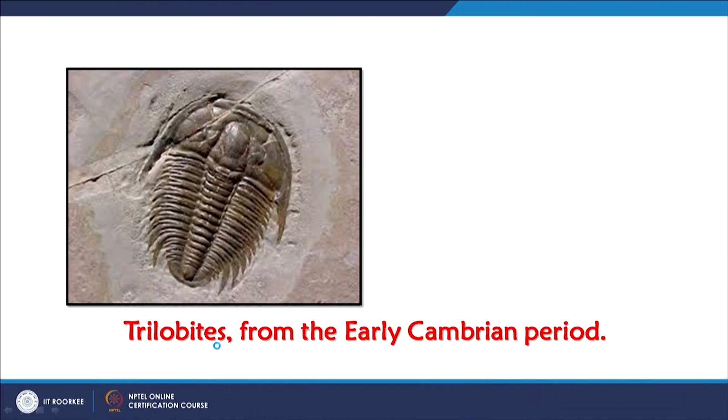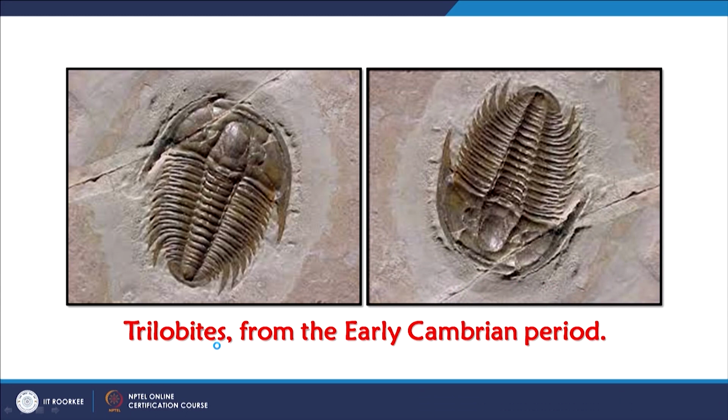You are seeing that an animal, a trilobite, is shown here, but when I rotate this image, I see a completely different picture, and this gives an impression that this is a cast of an animal.